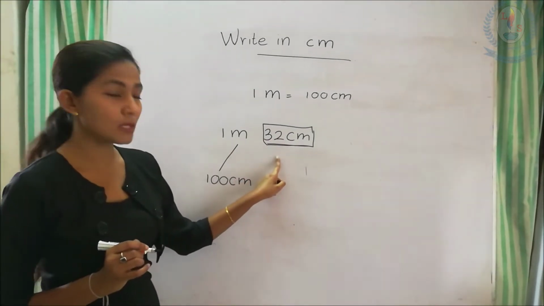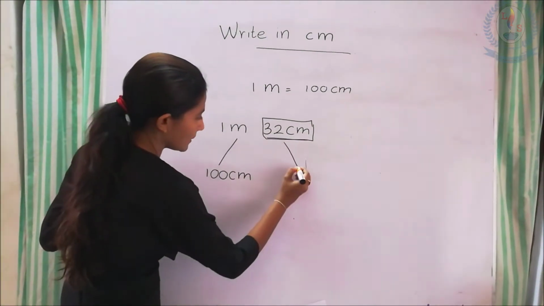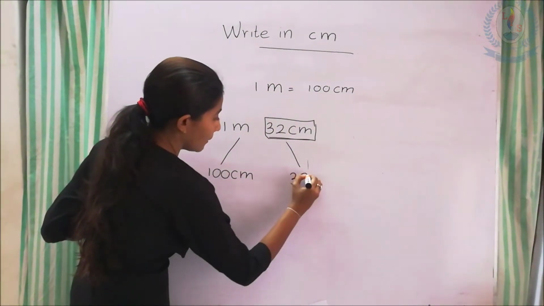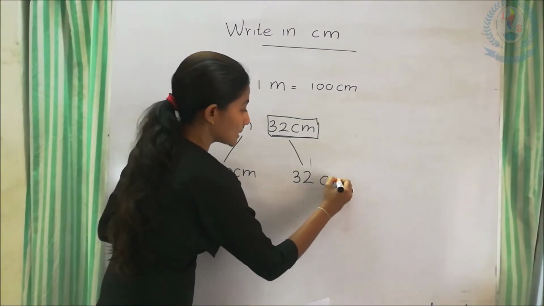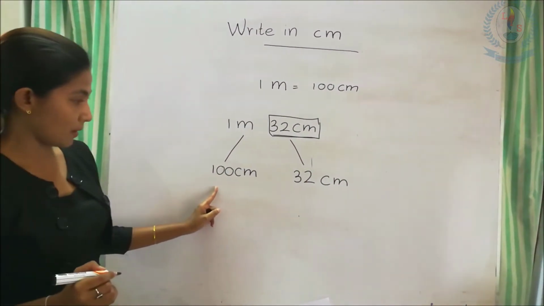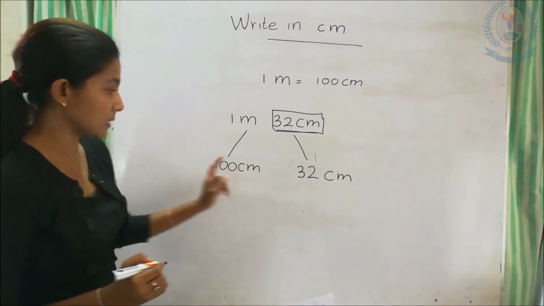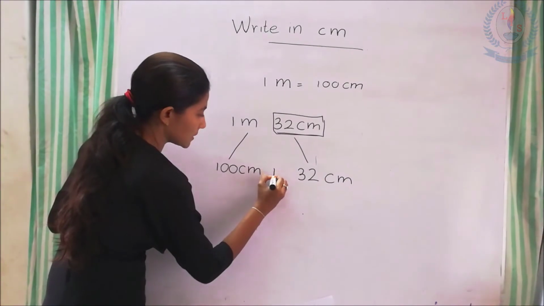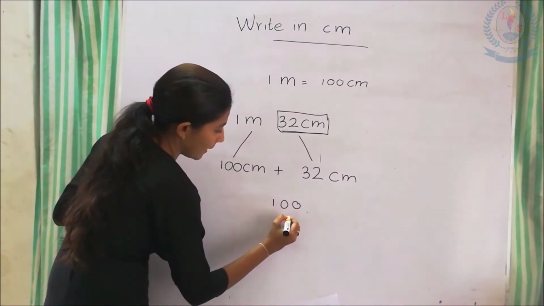But this is already given in centimeters, then we can write this in the normal way. But we cannot keep our answer like this. This is 100. This is 32. Both are in centimeters. To get the final answer, we have to add these two numbers.